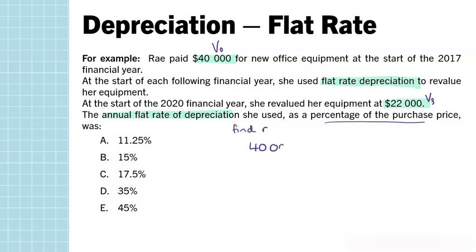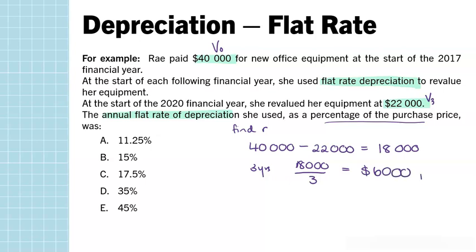Our value dropped from 40,000 down to 22,000. So how much did it drop? 18,000 in total. Over the 3 years, that means if we divide that value, 18,000, by 3, it was depreciating by $6,000 per year. Okay, so that is our value of D.